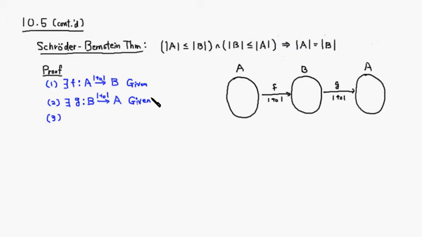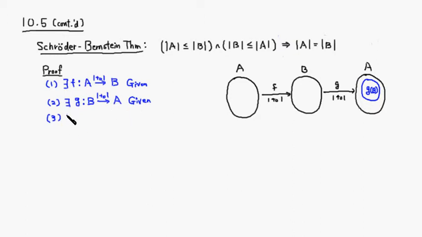The problem is g does not hit all of the elements in A. So we're going to collect all the elements that g actually hits. This is just the range of g, which can also be written as g of B. If you restrict the codomain to the range, then it automatically becomes onto.